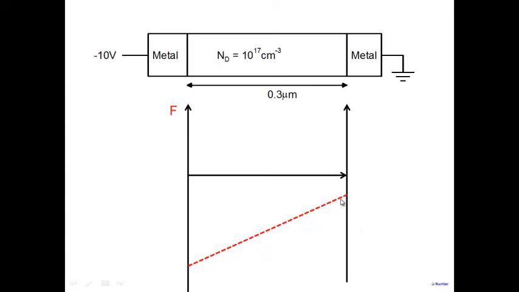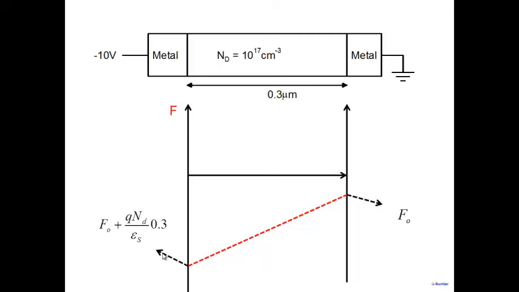Now how do I proceed? I say the field here is, let's say, F0. The field here will become F0 plus QND by ES times 0.3. Correct? And what is the area under the curve? That's interesting.